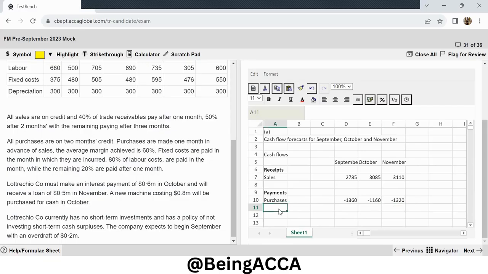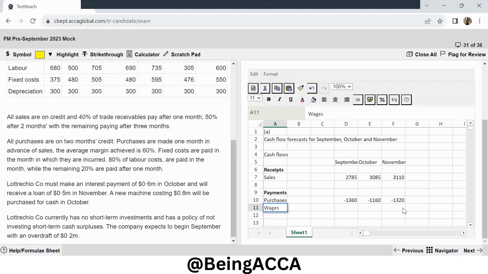Now let's look at wages, right? So fixed costs are paid in the month in which they are incurred. 80% of labor costs are paid in the month, while 20% are paid after 1 month. So we probably have to create a working for labor as well.